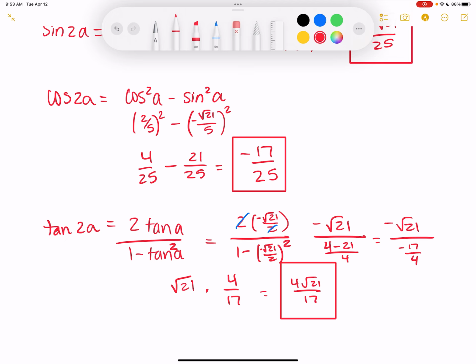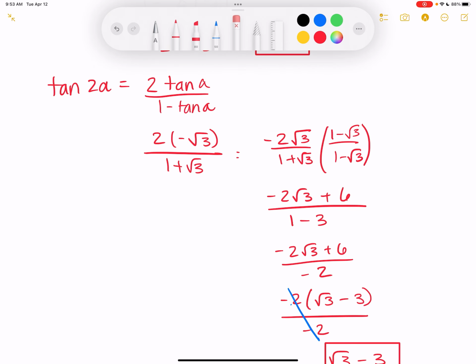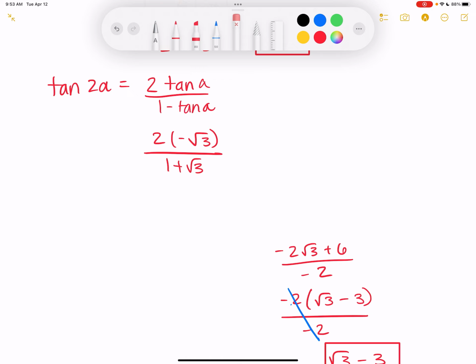Okay, so we need to back up and do the tangent one for the other problem over again. All this is gone. I need to erase it too.